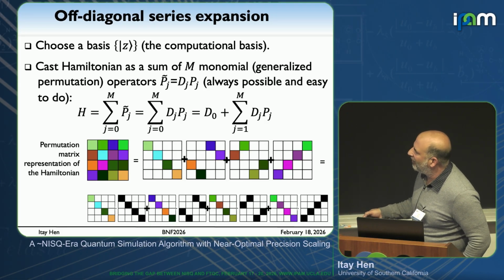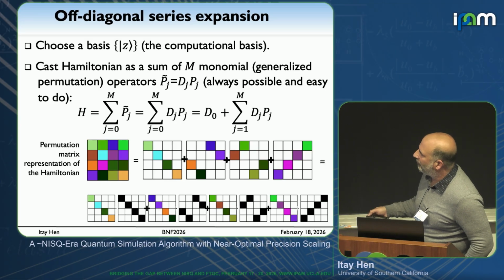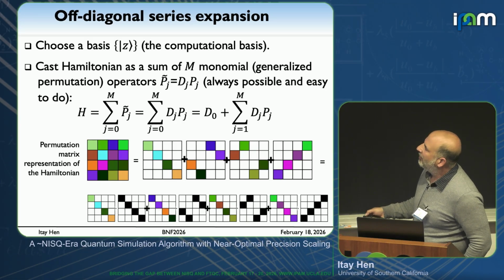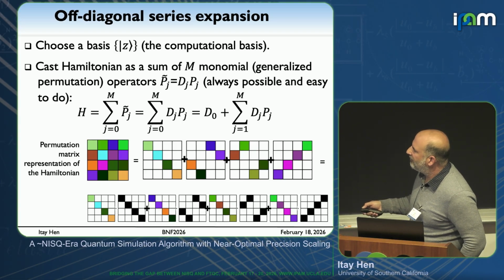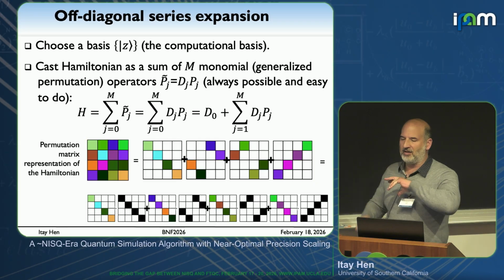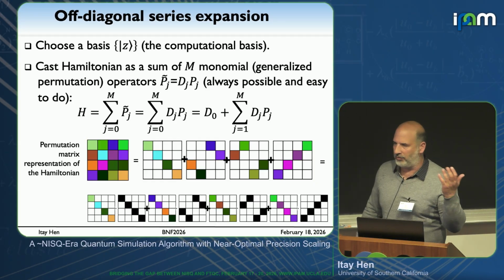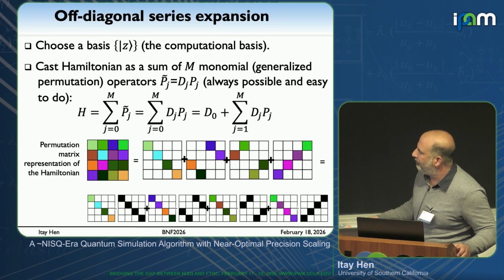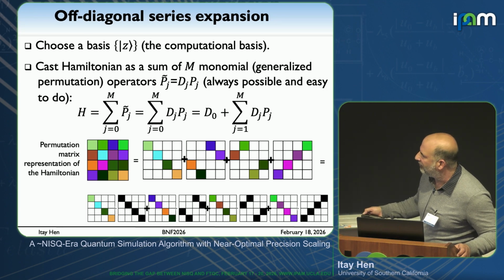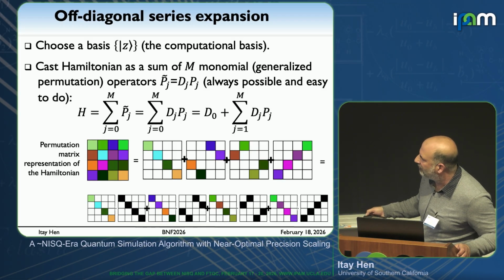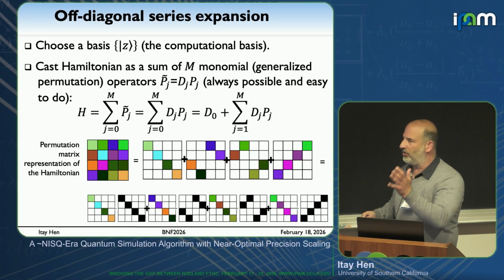So let's say that this is the Hamiltonian. It's a 4x4 matrix. The diagonal times a permutation essentially means that it has one non-zero entry per row and per column, but it's not a permutation, it's a permutation up to a constant. So I wrote it like that. For example, this matrix can be written as this generalized permutation plus this plus this one. They all have one entry per row and one per column.